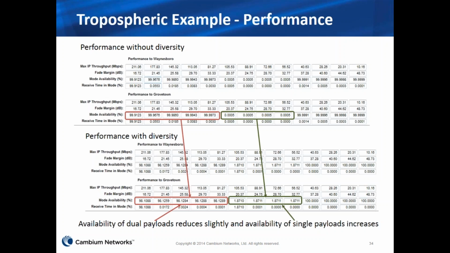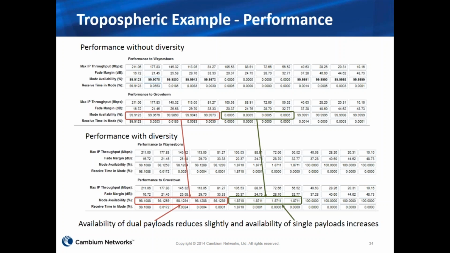And LINKPlanner uses the information from the multipath occurrence factor of the geographic location and the impact on the path of how good that area is to make an adjustment to the amount of time we expect it to spend in single payload.